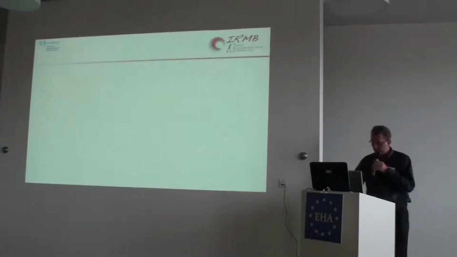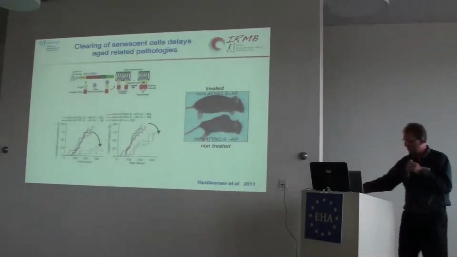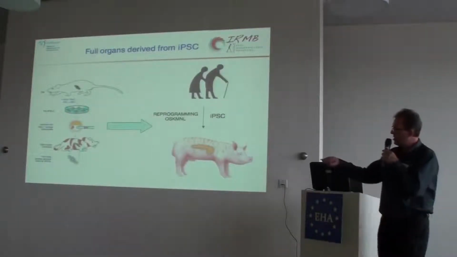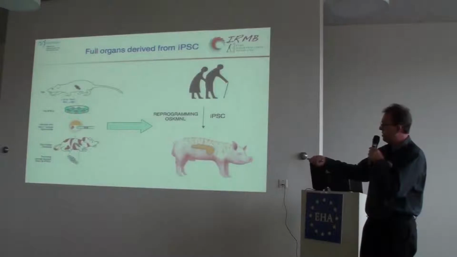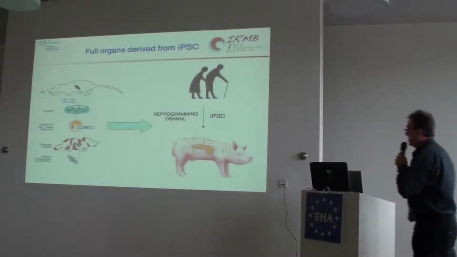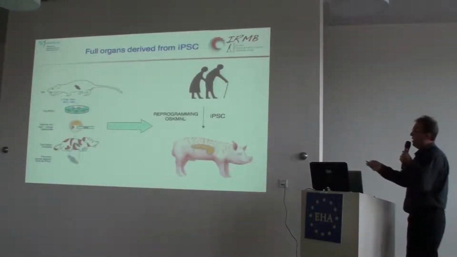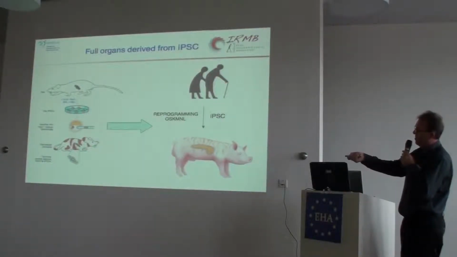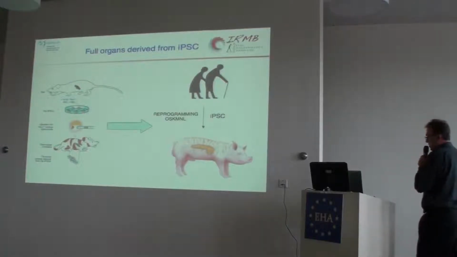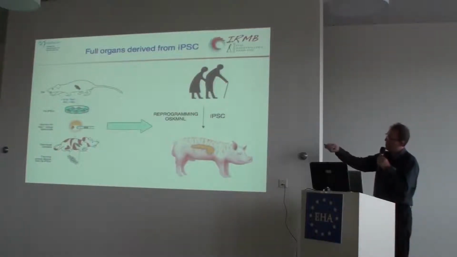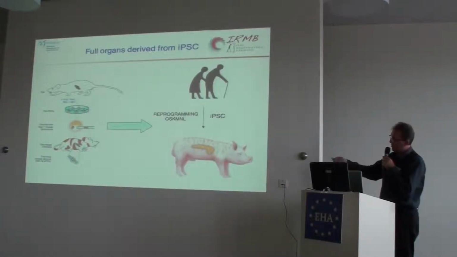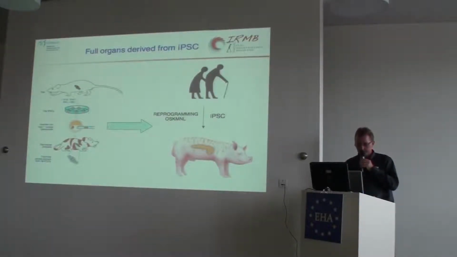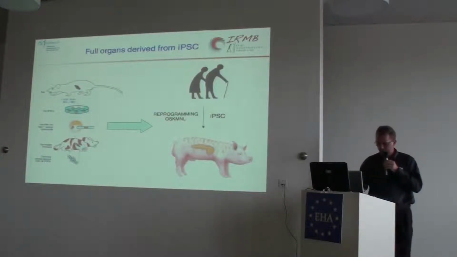But if you block one master gene, like PDX1, which is involved in the formation of the pancreas, it has been demonstrated that you can form a rat pancreas in a mouse. So, is it possible to use iPS technology to produce a full organ, which is probably the next step in cell therapy? Thank you for your attention.